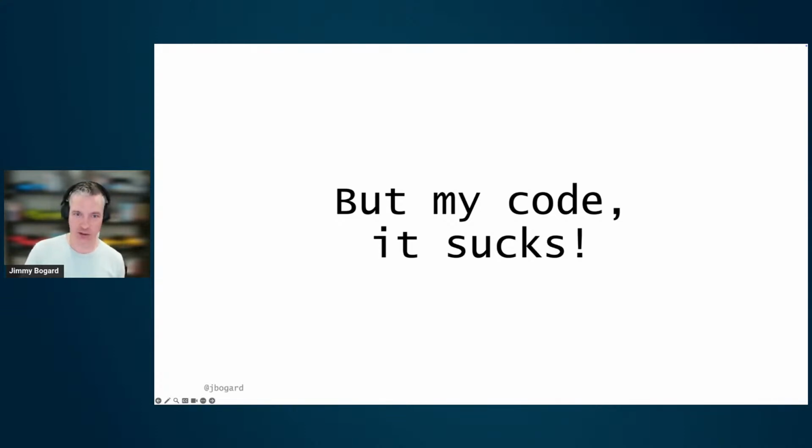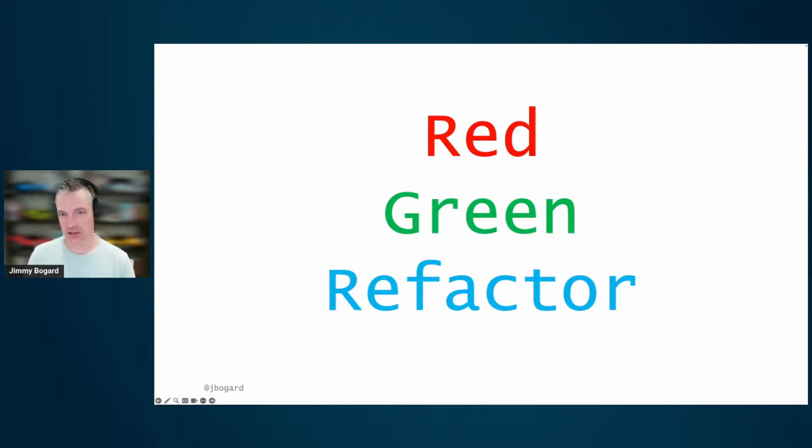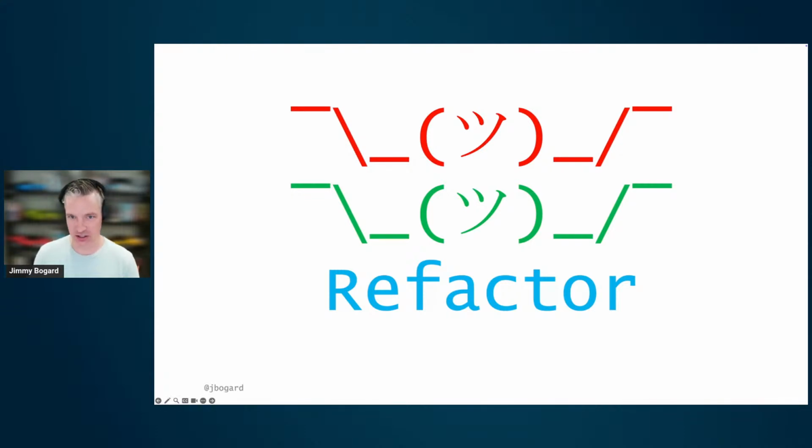One you've probably heard about today in other sessions is TDD, which includes red, green, refactor. We write a failing test, we write a passing test, and then the step that everyone skips, which is to refactor. Or if I'm dealing with legacy code, there are no tests, so it's more like, well, cross your fingers and hope, and then safely refactor at the end.